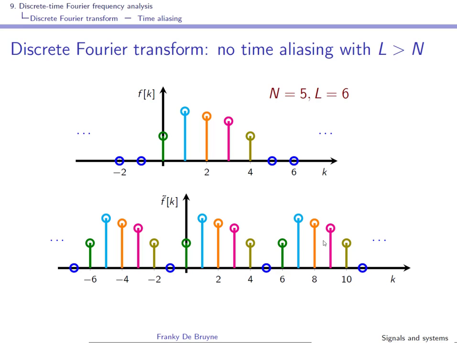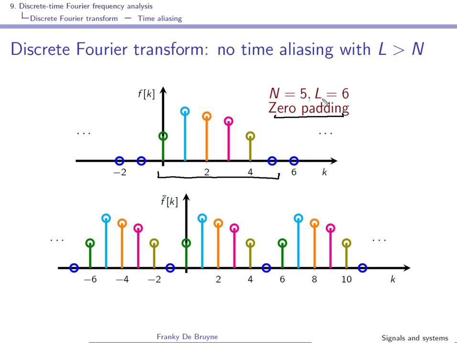So this is the example that we had considered previously, and remember here that n is equal to 5. We have n data points in the original sequence, and L, the number of points that we take to obtain a discrete variable omega, is L equal to 6, and you can see that it is equivalent to taking an original sequence with 6 points, where at the end we have added a 0, and this is called zero padding.